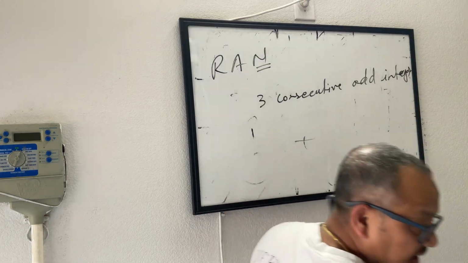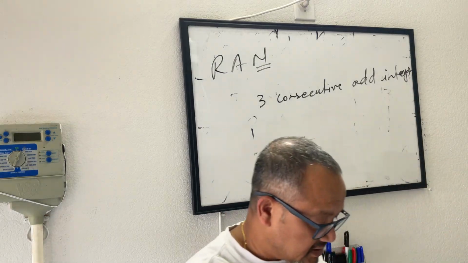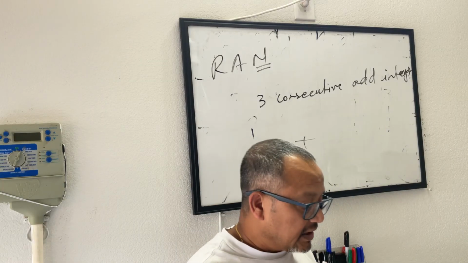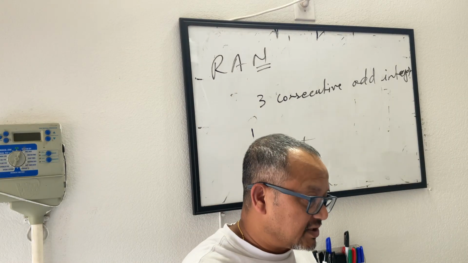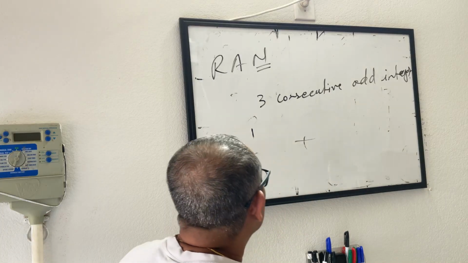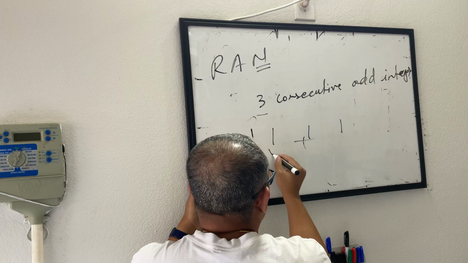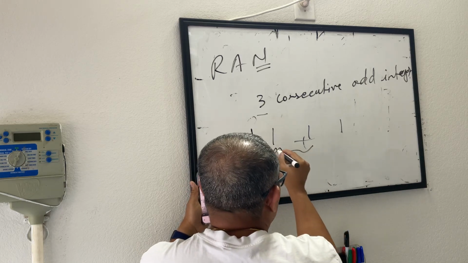Okay? 3 consecutive odd integers such that sum of twice the first. I have 3. This and this. Sum of twice the first and second.